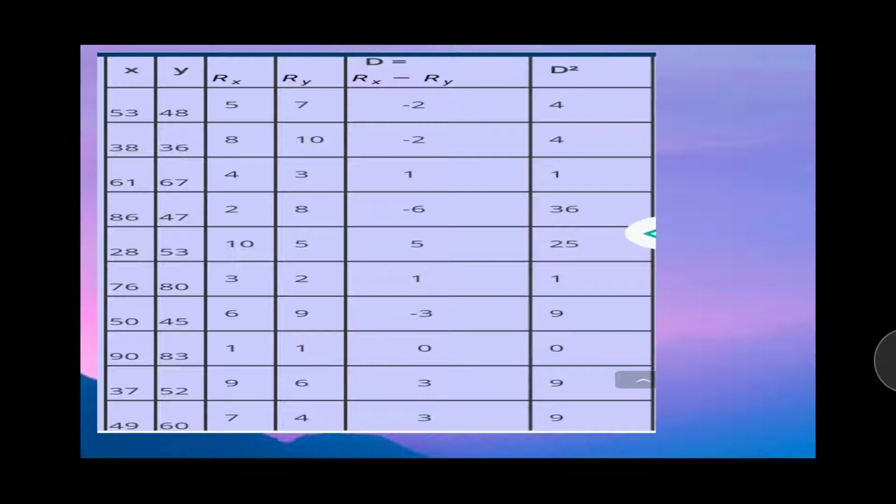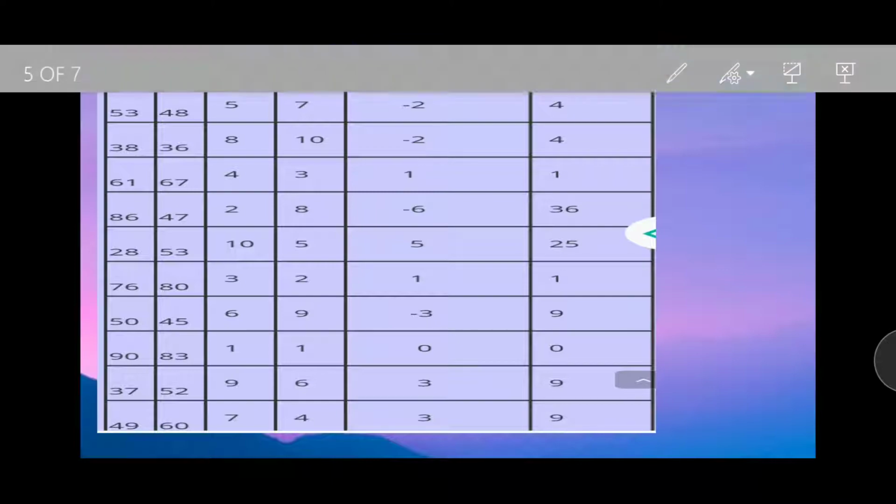And if you look at the fourth column for Ry, 48 was ranked 7, 36 was ranked 10 on that table, 67 was ranked 3, 47 was ranked 8, and all other rankings are put against each of the values.